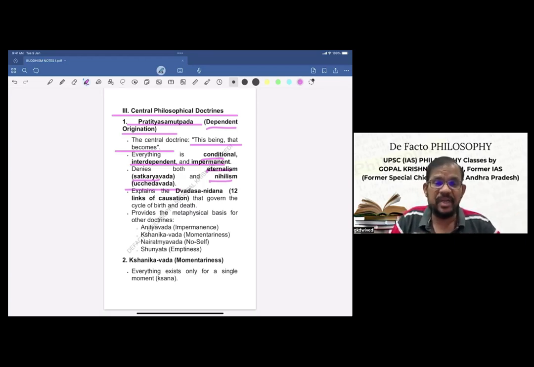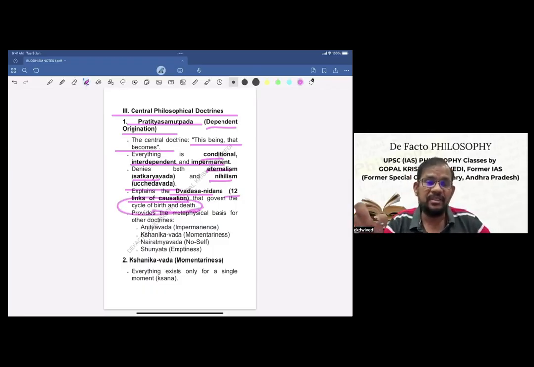Now, it also explains the Dvadas Nidana, the 12 links of causation. The Pratyut Samutpad theory is the basis of the Dvadas Nidana, the 12 links of causation that govern the cycle of birth and death.